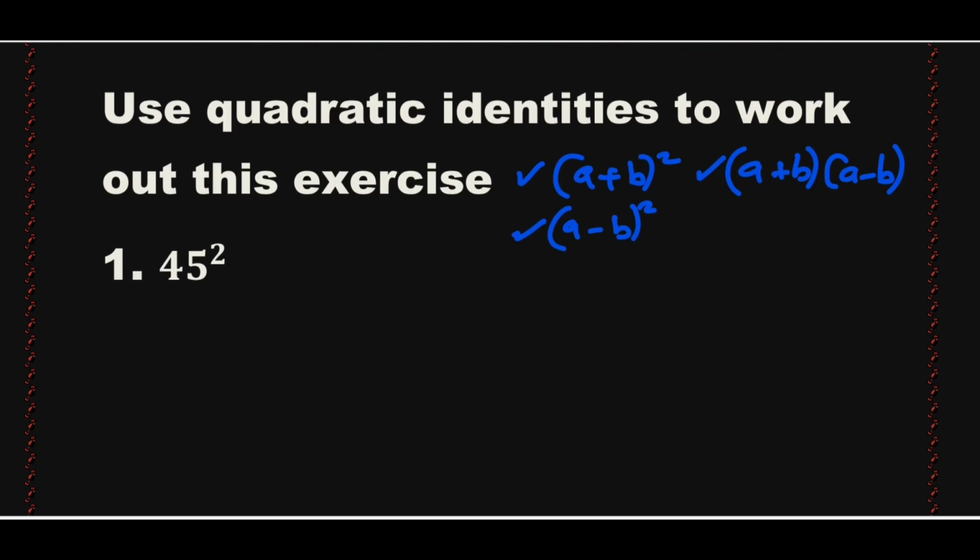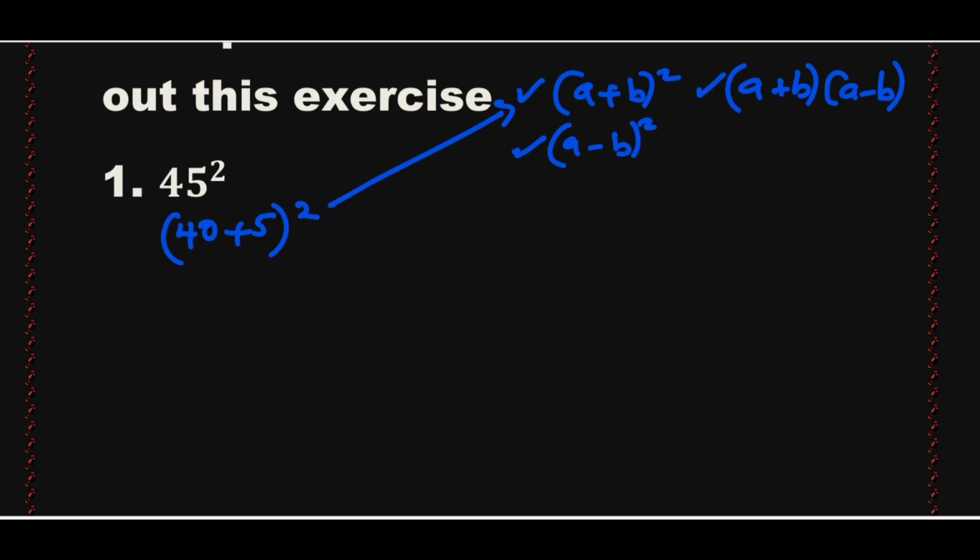I want to believe that you are able to express 45 as 40 plus 5. So this can be expressed as 40 plus 5 in brackets squared, which is in the same manner as the first quadratic identity, a plus b raised to power 2. When we expand a plus b raised to power 2, it gives you a squared plus 2ab plus b squared.